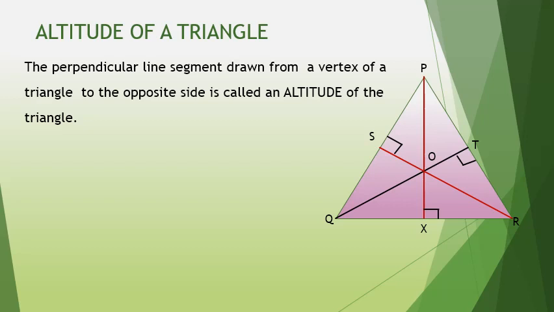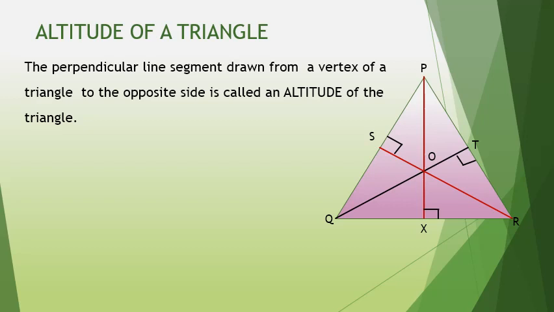Hence PX is an altitude. Similarly, QT is the perpendicular line segment drawn from a vertex of the triangle to its opposite side PR. Hence QT is another altitude of the triangle.